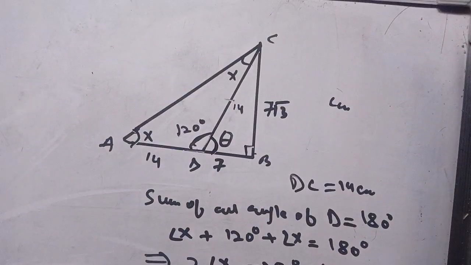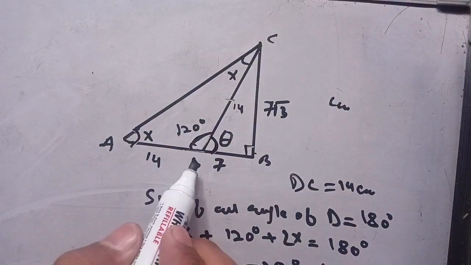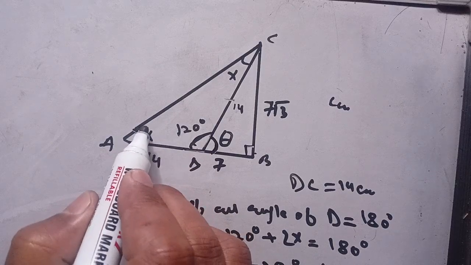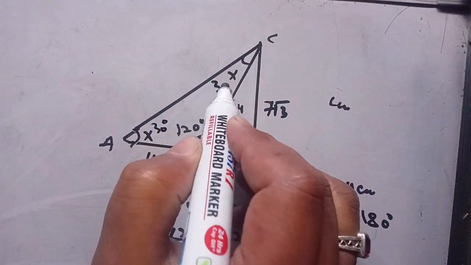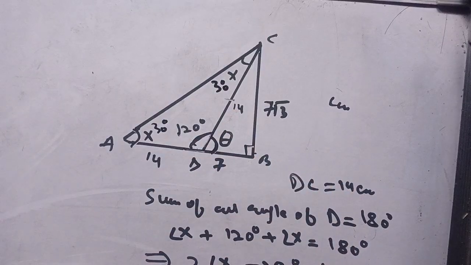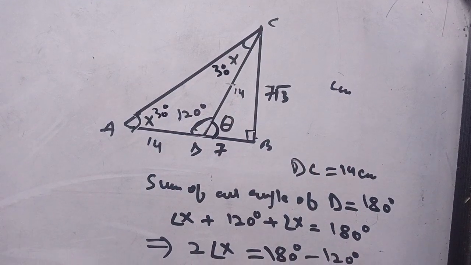Thus angle x becomes 30 degrees, which means that angle DAC becomes 30 degrees and angle ACD also becomes 30 degrees, which is our required solution of this problem.